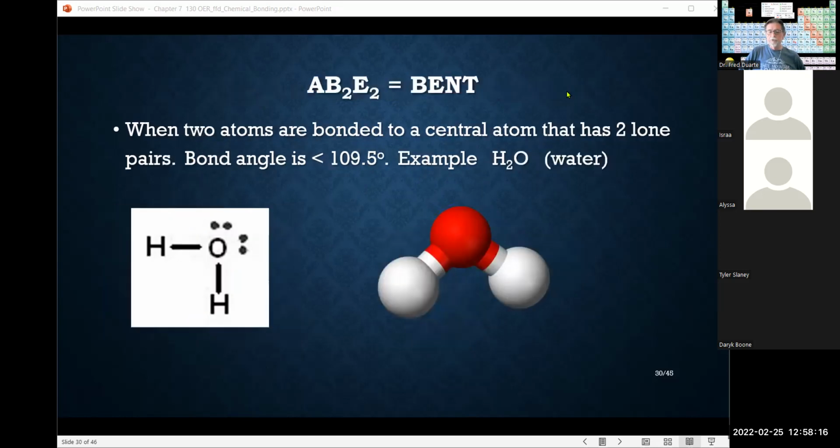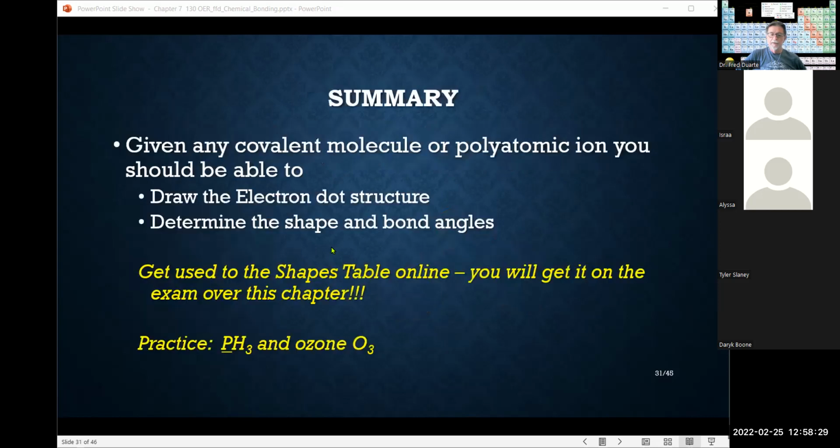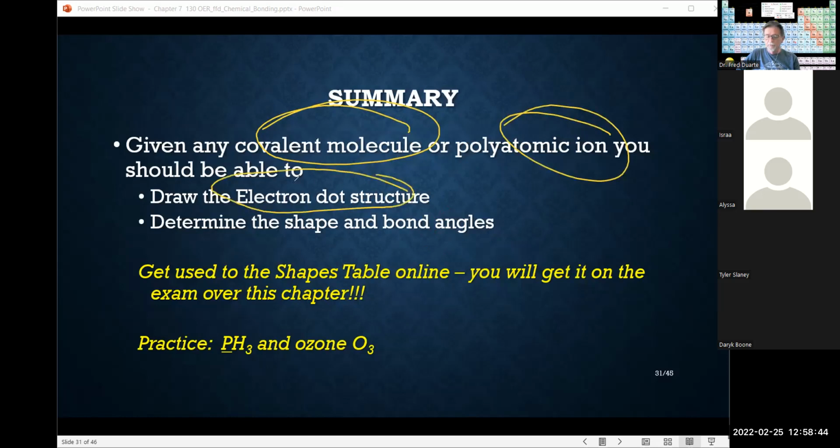Water, we did that one, AB2E2, two lone pairs on the central atom, very, very polar because of those lone pairs. Okay, so to summarize this part: if you're given any covalent compound or a polyatomic ion, be able to draw the Lewis dot structure for them.